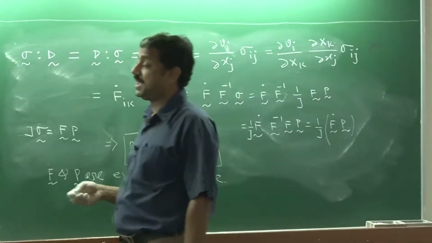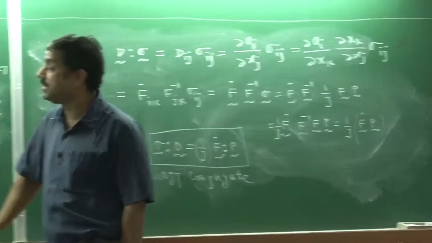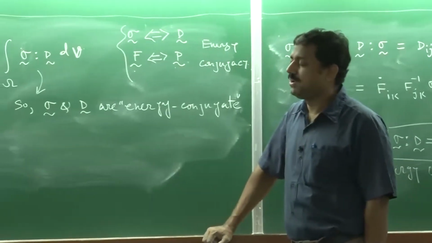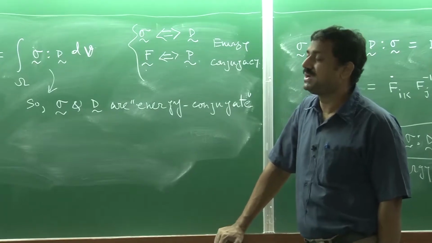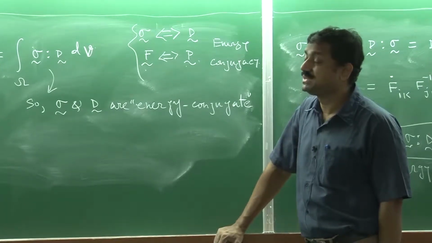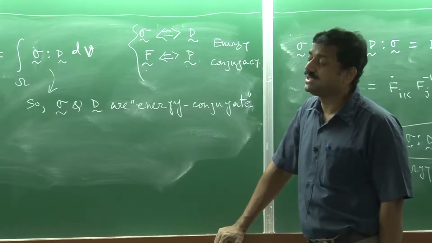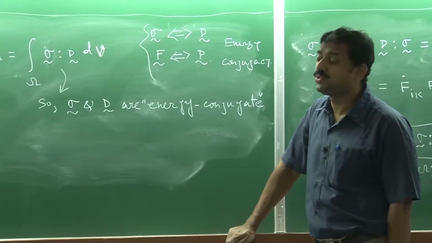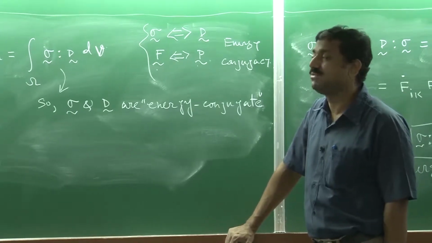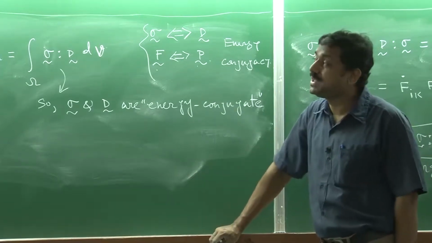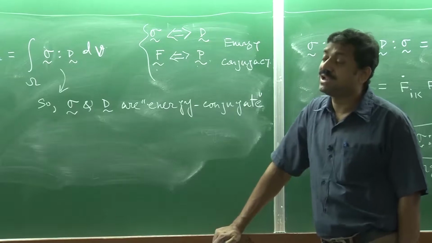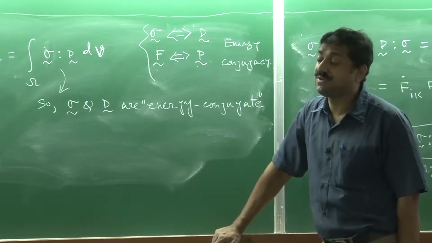If I would ask you to recall one thing: the first Piola-Kirchhoff stress tensor is a 2-point tensor. One of its legs is in the deformed configuration, whereas the other leg is in the undeformed configuration. So it refers to both. Can you recall that? The deformation gradient was also a 2-point tensor. One leg is in the deformed configuration, whereas the other leg is in the undeformed or reference configuration.